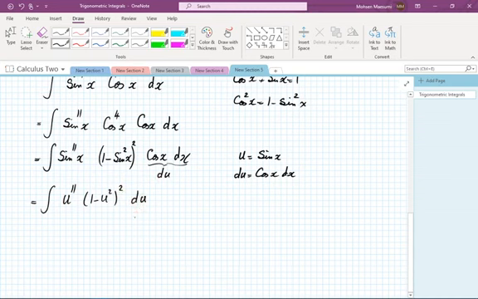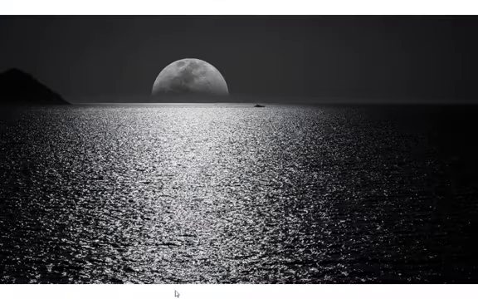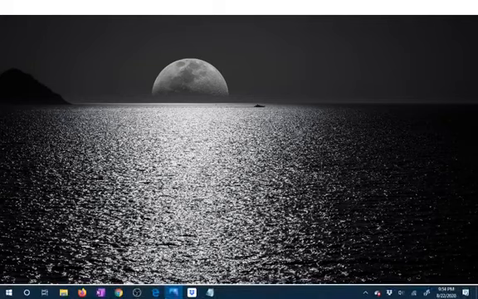Okay, now we see the light at the end of the tunnel, because I can open this up, multiply, and I have just a polynomial integration, and that's the easiest type. So I have u to power of 11 times (1 minus 2u squared plus u to the 4) du, and from here on it's just downhill. Is that right? Let's make sure everybody participates. Quickly tell me in a couple of seconds what the integral will be.